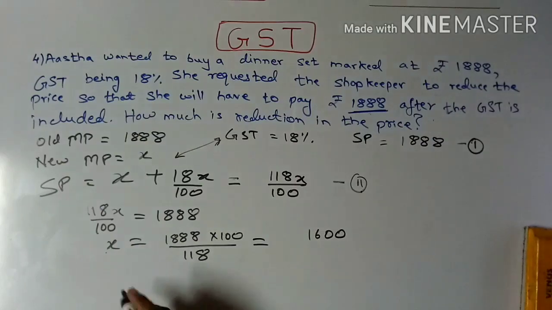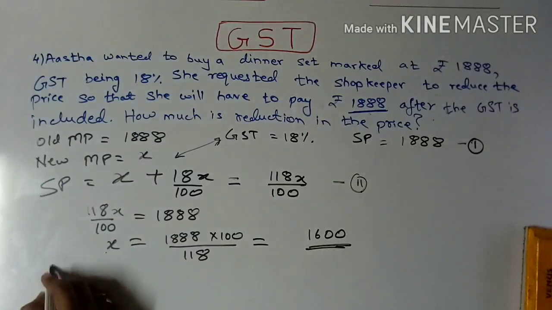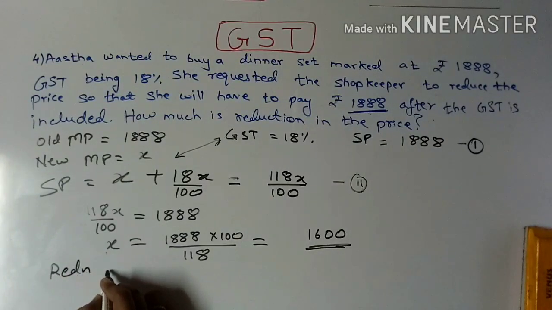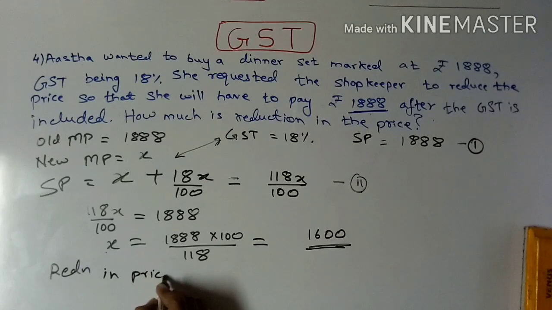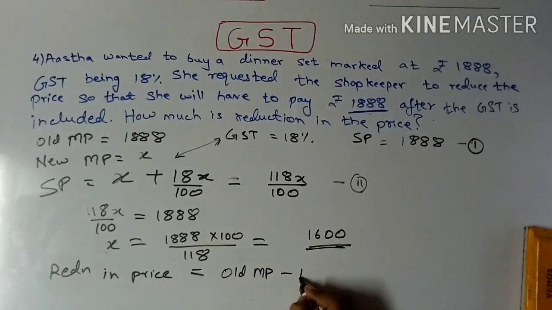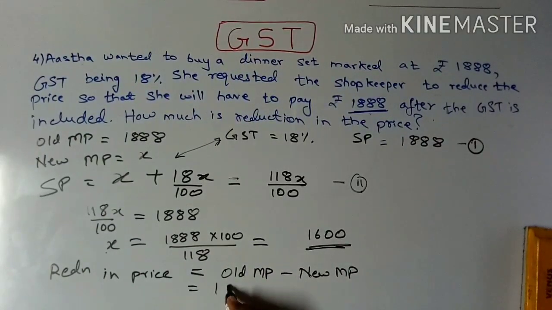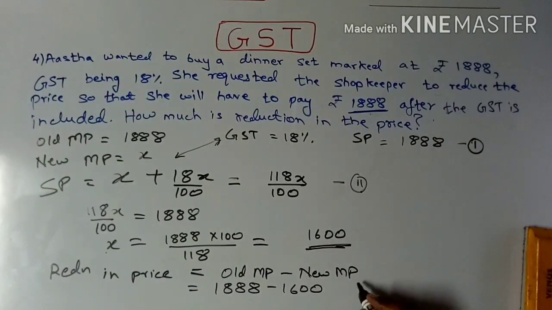But my question is, how much is the reduction in the price? So the reduction in the marked price will be given by old marked price minus new marked price, which is 1888 minus 1600, which is equal to 288 rupees.